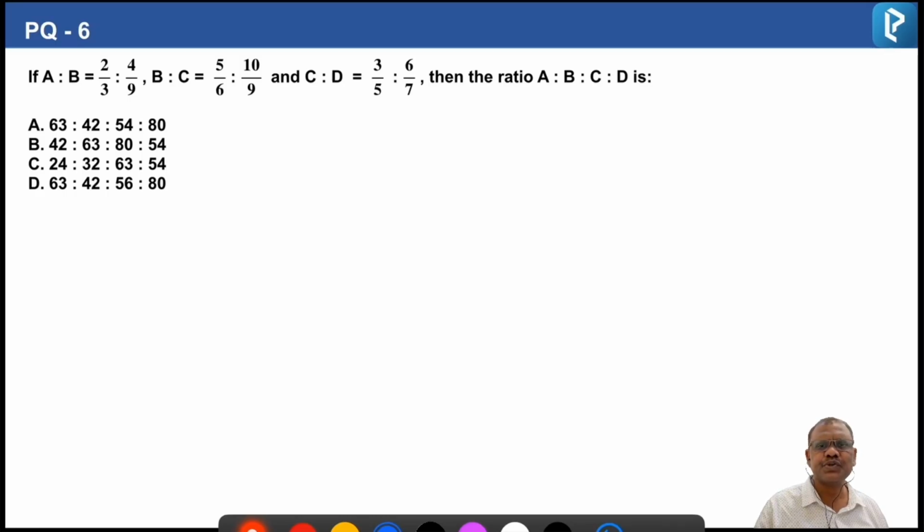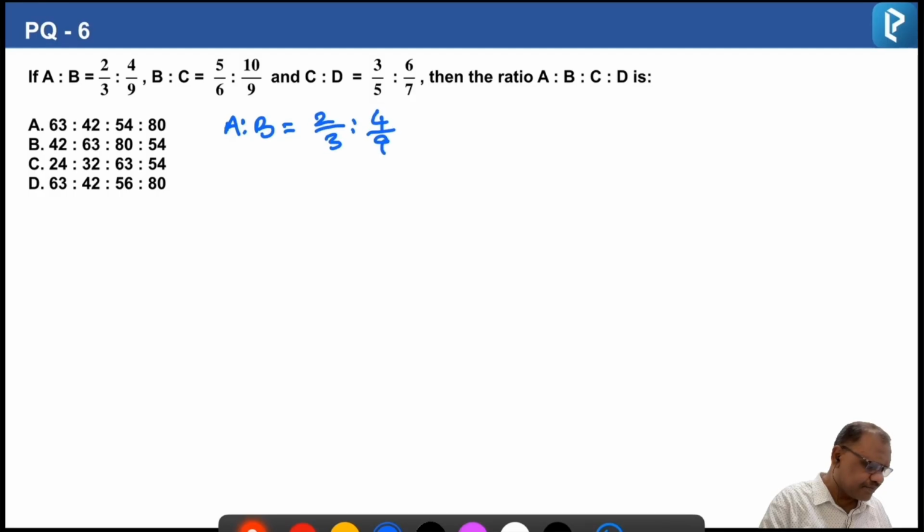Then the ratio A is to B is to C is to D is. So, when the ratios are given as fractions, we have to convert them into whole numbers. So, let us take first ratio. A is to B is 2 by 3 is to 4 by 9.